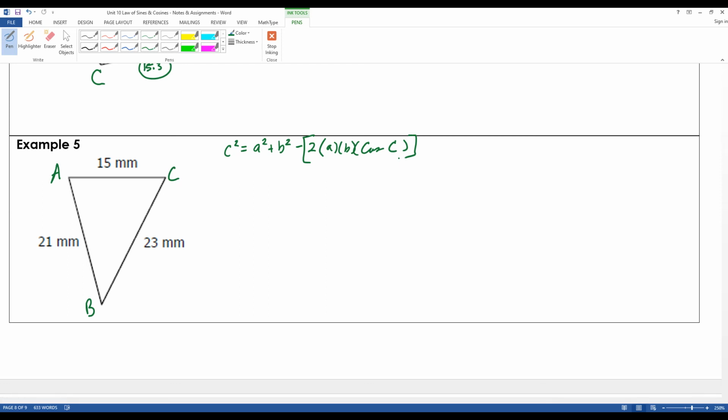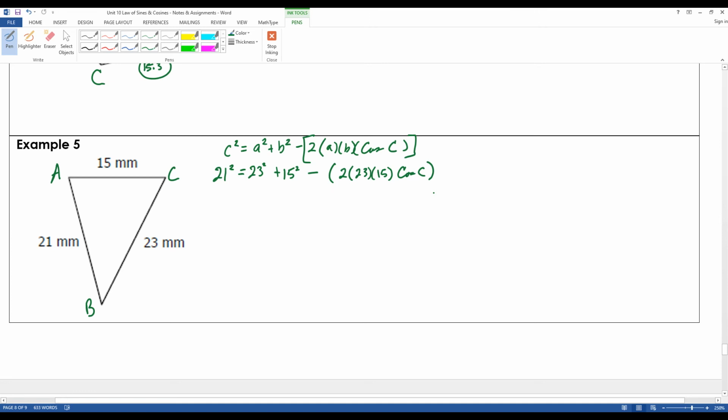Plug in the info. C is 21. A is 23. B is 15. Minus, and then we have 2 times A times B times the cosine of C. All right, so we're going to be finding the angle. So this is where we're going to end up using the inverse.